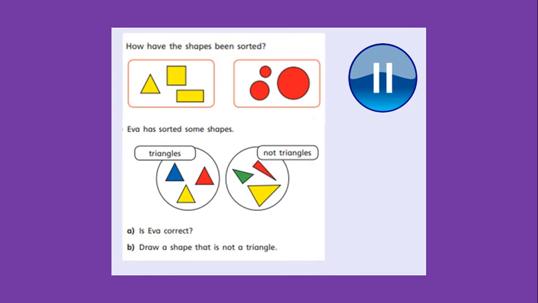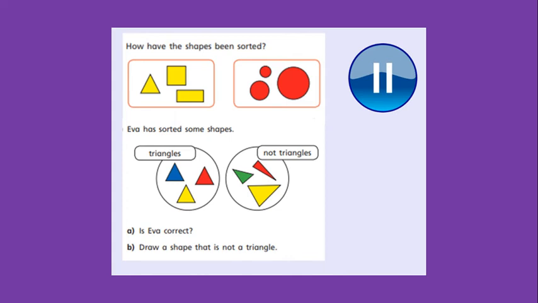And then the next question says, Eva has sorted some shapes. She's got triangles in this sorting circle, and she's got not triangles in this sorting circle. Is Eva correct? Has Eva done that right?